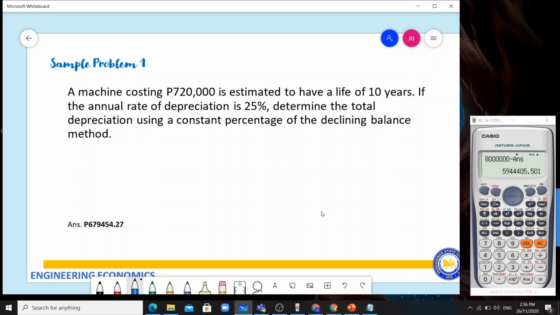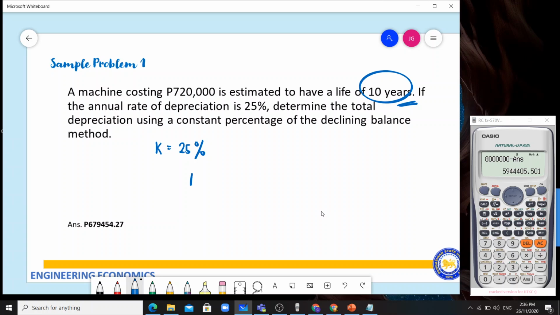So technically, what we are looking for here is the total depreciation after 10 years. We are given 25%. To find the total depreciation after 10 years, we need to know the salvage value, or resale value, after the economic life.